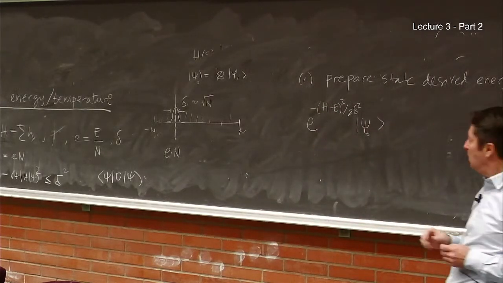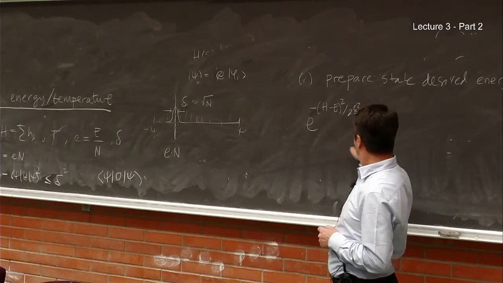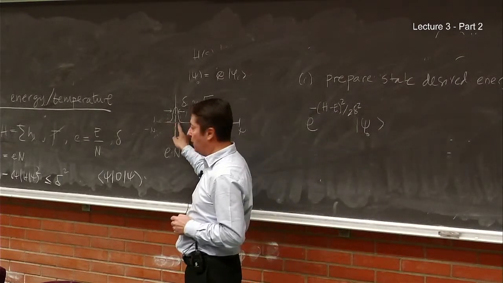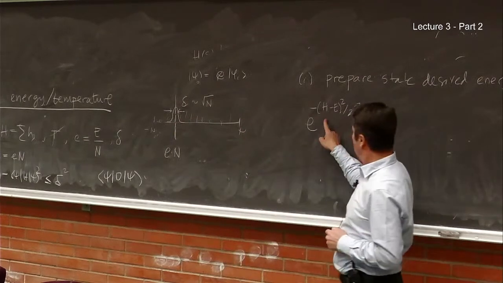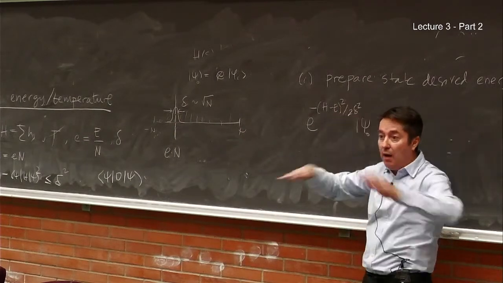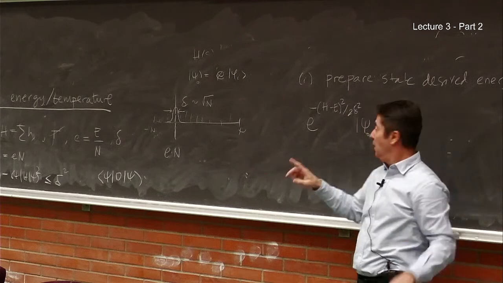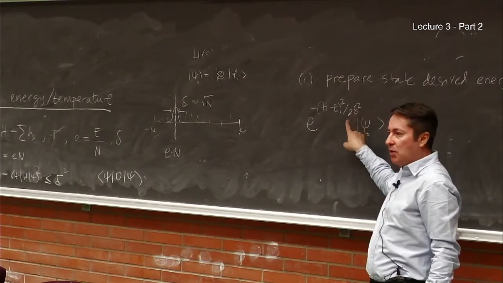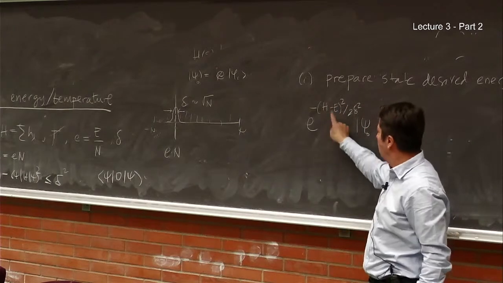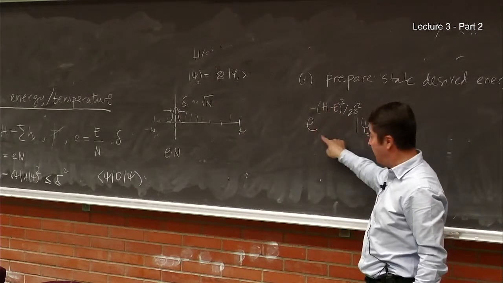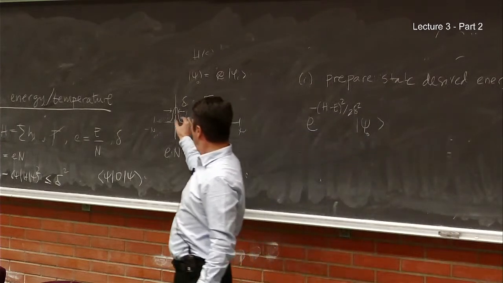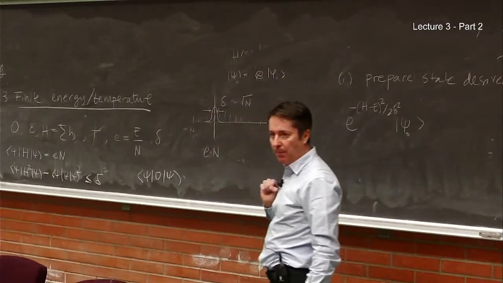If this is a linear superposition of states, it will kill all the energies that are far from epsilon by more than delta. And you can show with a little bit of effort that the state here, if you properly normalize it, will have a width which is the desired delta that you want.